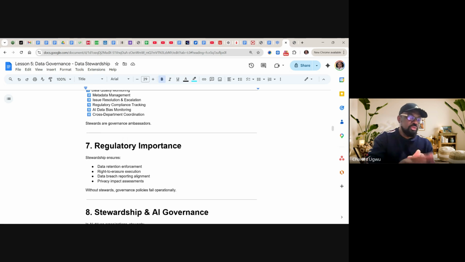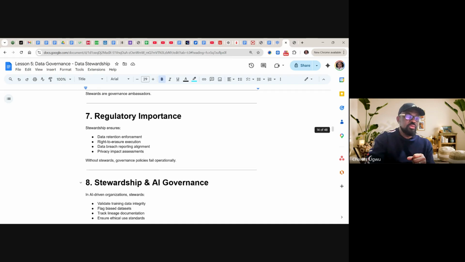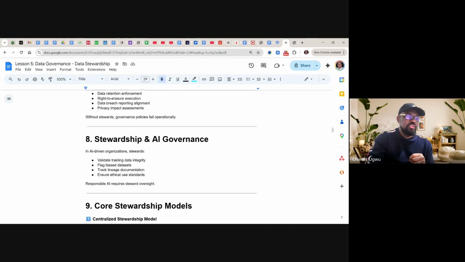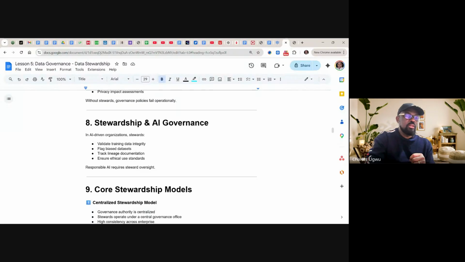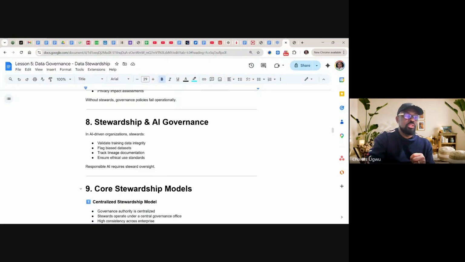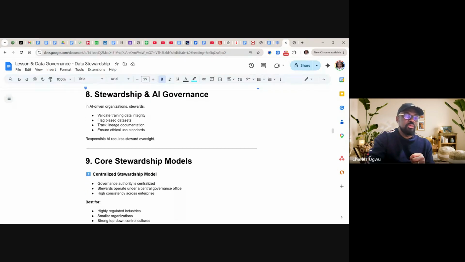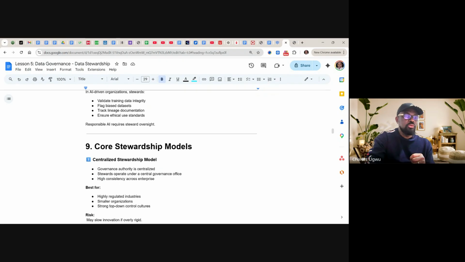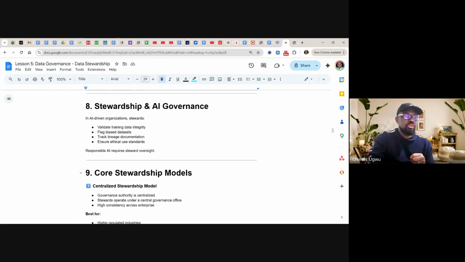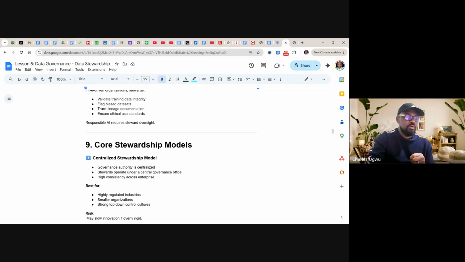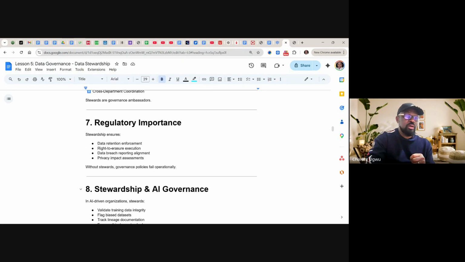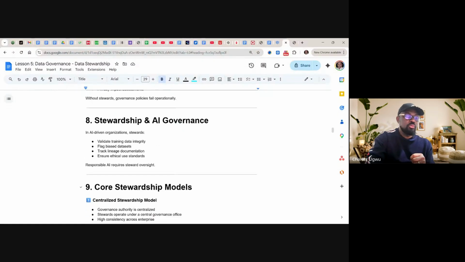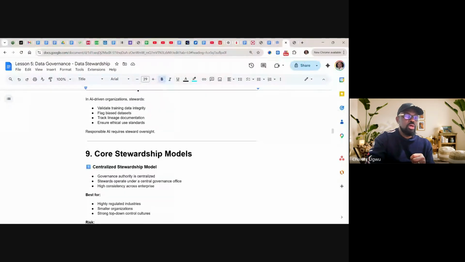We already captured all these things. Stewardship and AI governance, I'll talk about AI governance a lot. It's part of the stewardship. Core stewardship models, this is what we need to focus on now. All these other areas will capture everything. So what we need to look at is the models.